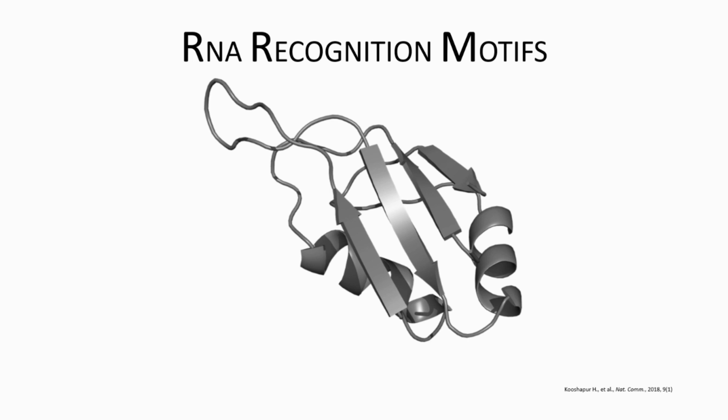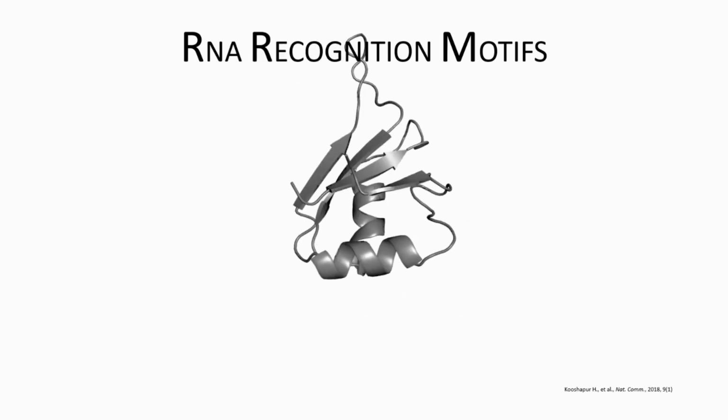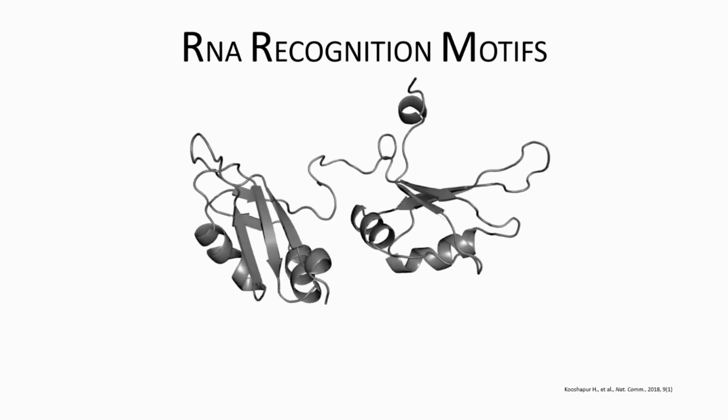These RNA recognition motif domains usually consist of 90 to 100 amino acids, and in proteins we usually find not only one of these domains, but many times more than one, 2 or 3 different RNA recognition motifs. These RNA recognition motifs are quite abundant among the RNA binding domain family, and we can find them in many different key processes of the cell cycle and cell life.